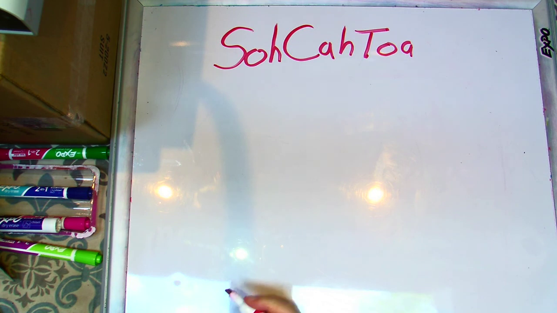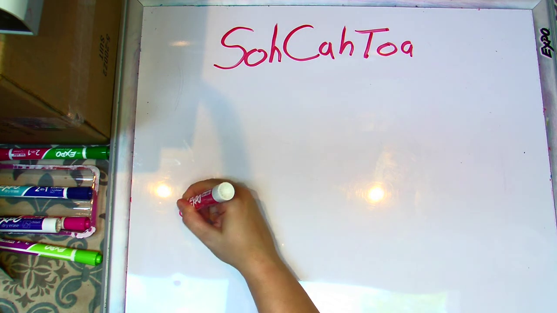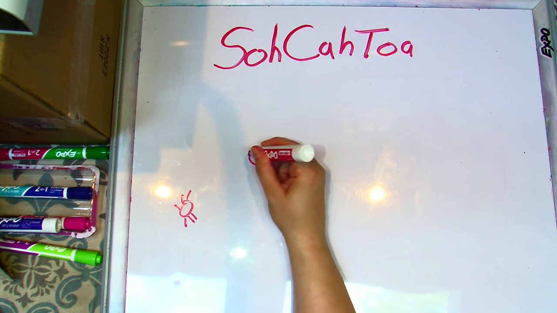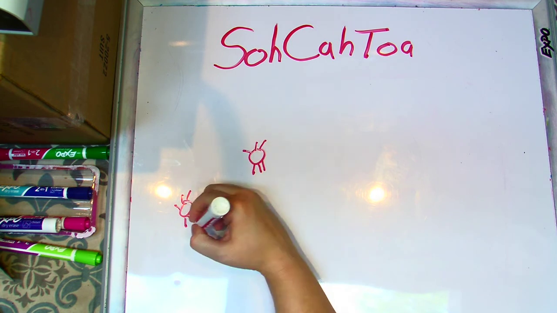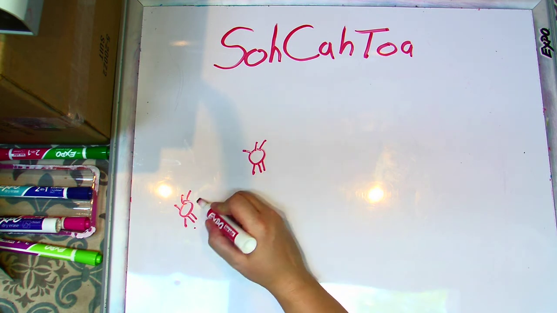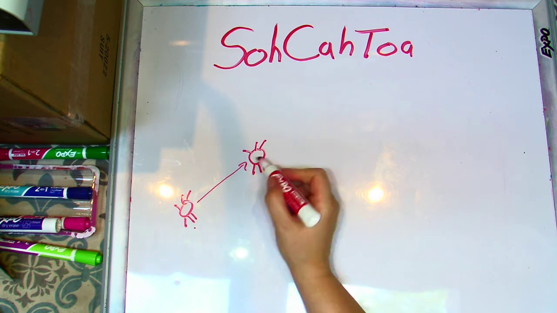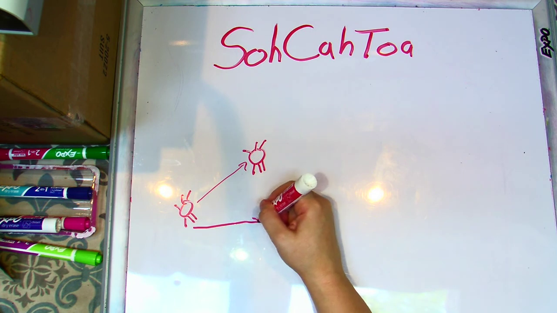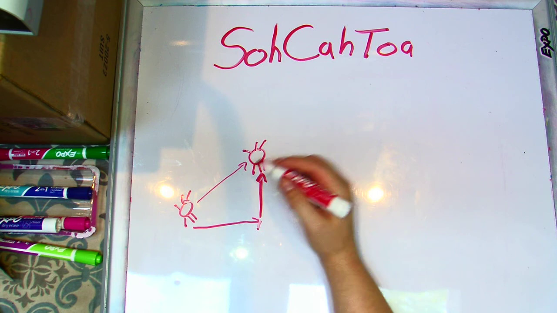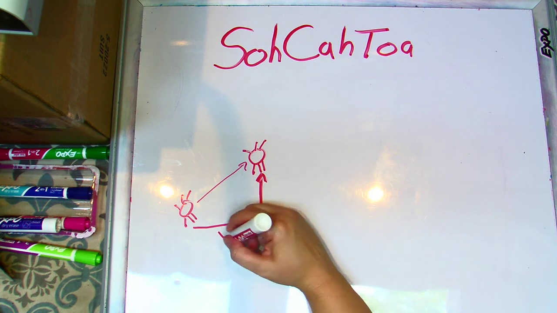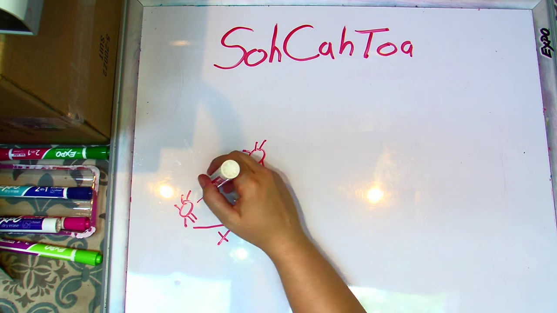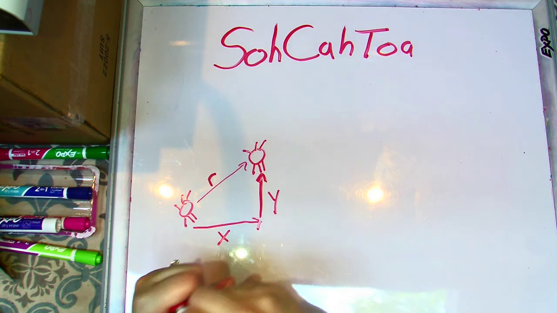So again, if we had our bug, and you move from here over to here, that means that he moved in a straight line, but to get from here to here, he had to move to the right some amount and move up some amount. And we have to look at these x and y components in order to figure out what the resultant would be, the displacement in this case.